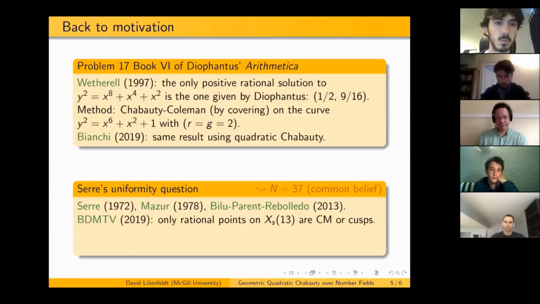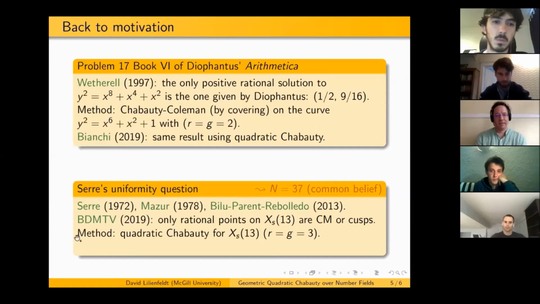And so very recently, in a striking new result, Balakrishnan, Dogra, Müller, Tuitman, and Vonk, in their Annals paper from 2019, dealt with this so-called cursed curve, which is the split Cartan modular curve of level 13. They proved that the only rational points are either CM points or cusps. And so this, together with the work of Bilu-Parent-Rebolledo, ends the classification of split Cartan elliptic curves.